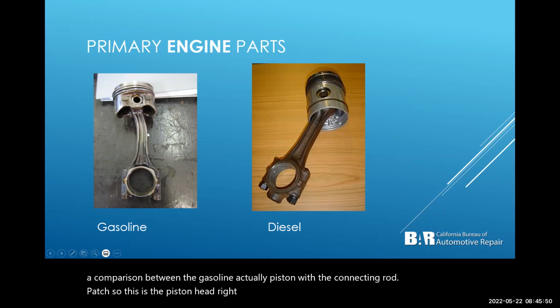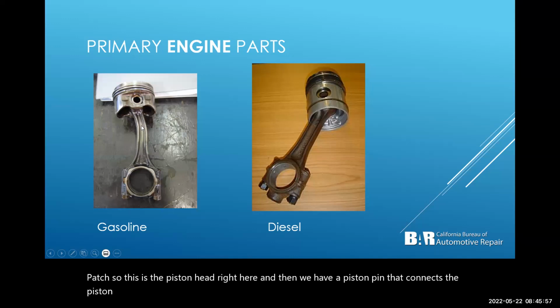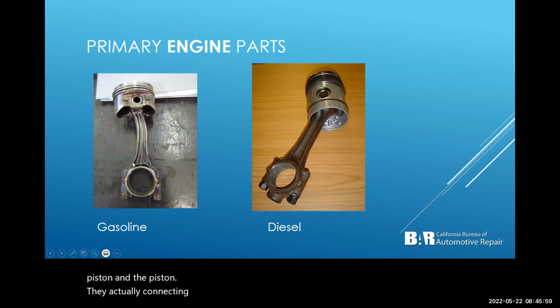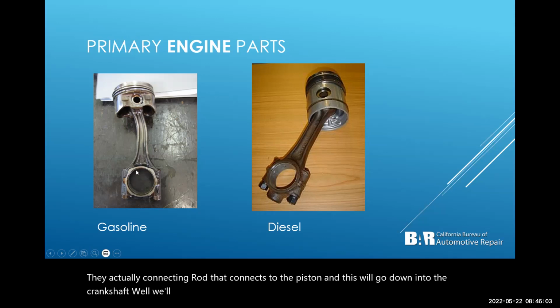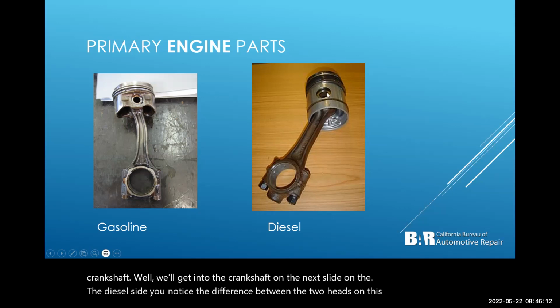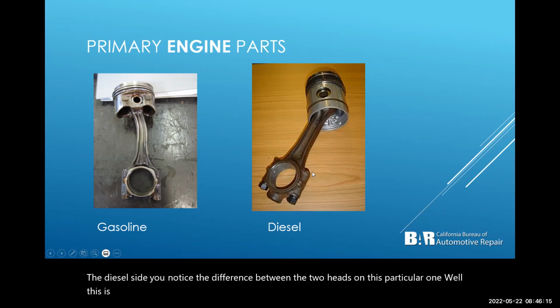And then we have a piston pin that connects the piston and the connecting rod, and this will go down into the crankshaft. We'll get into crankshafts on the next slide. On the diesel side, you notice the difference between the two heads on this particular one. Well, this is why, because we're talking a lot more combustion on the diesel engines. And I'll break that down in just a little bit here.